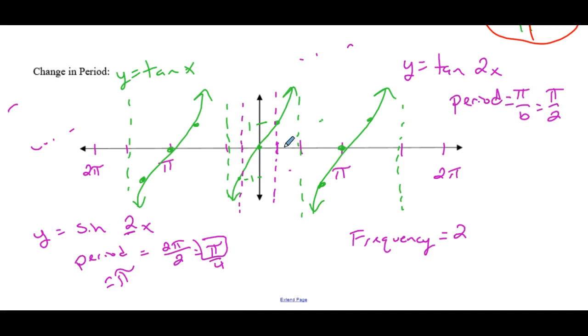So that's now, right, where my new function will be, right? So it's happening twice as much. Instead of every pi over 2, it's now happening every pi over 4. So pi over 4, pi over 2 would be a 0 now, right? So my graph looks something like this. It just shoots up a lot quicker, right?